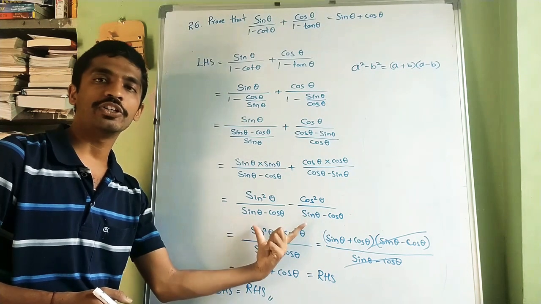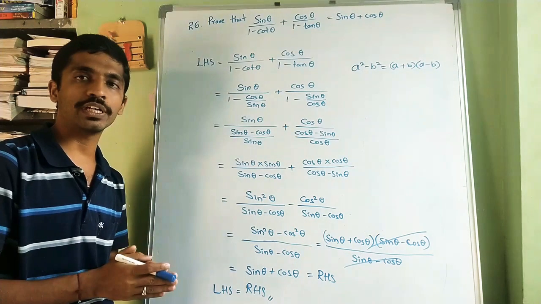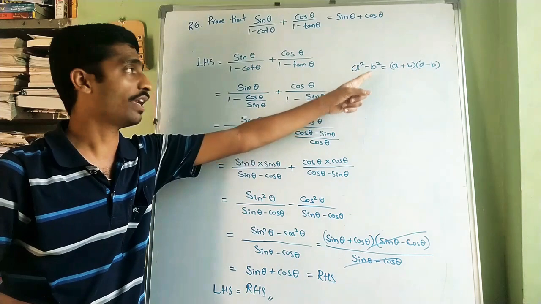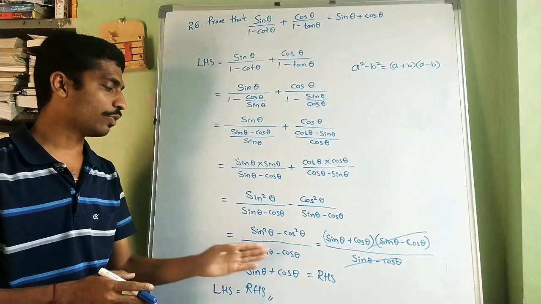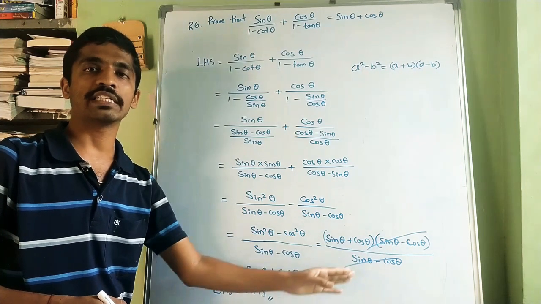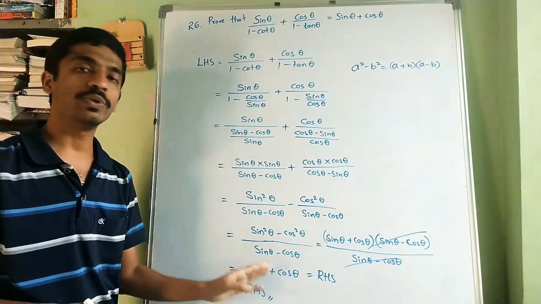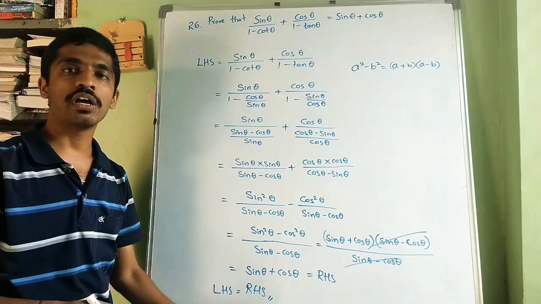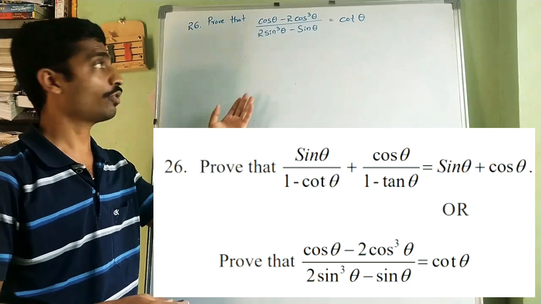So we got the same denominator. After that I applied the identity a square minus b square, which gives a plus b into a minus b. After applying that, one term in the numerator and denominator are the same, so I cancelled them. What is left? Sin theta plus cos theta, which is equal to our RHS. So that's why LHS equal to RHS. Now the 26th question's optional question I will solve here.